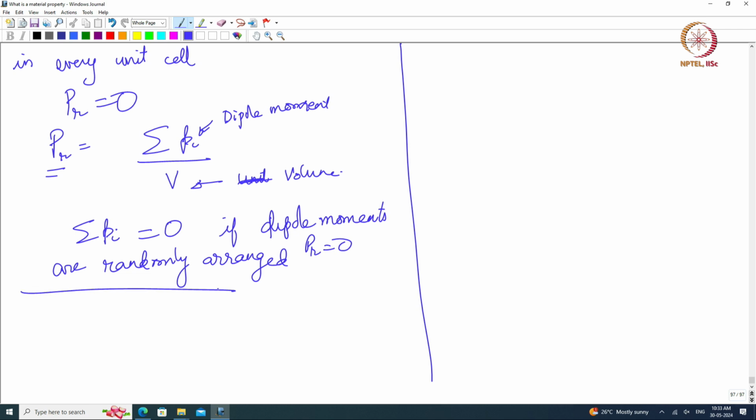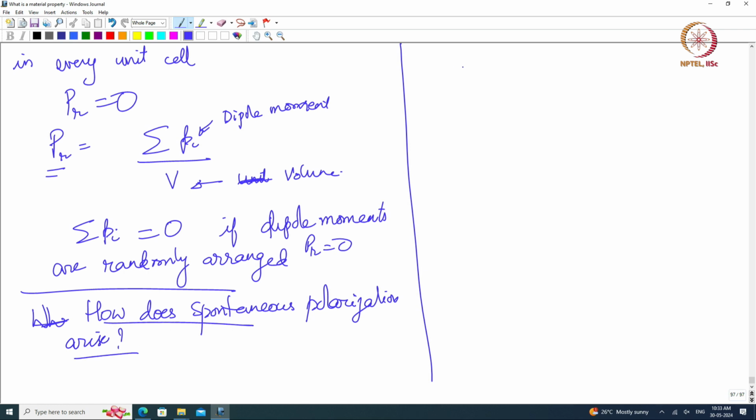right. But how does spontaneous polarization come about? It arises when the titanium in this octahedron moves up and it talks to the next titanium and says, look, I am moving up, I want you to do exactly the same thing, you also should move up.